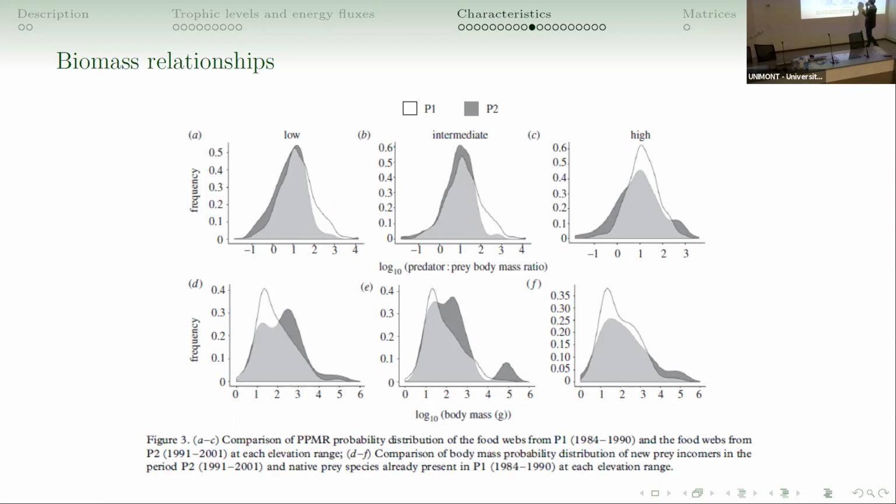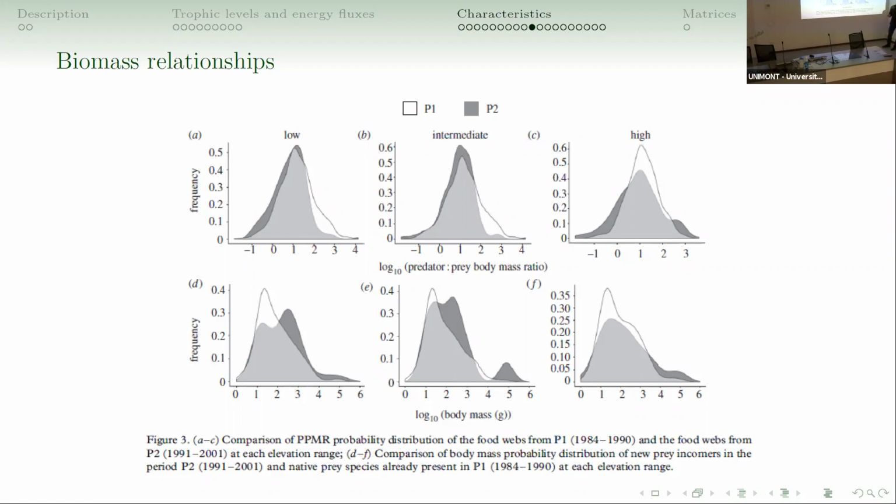Okay, so we see that the predator-prey mass ratio decreases and is lower, especially in the low elevation, a little bit at the intermediate elevation. In period 2 the distribution goes like this. It's a bit smaller than in period 1.